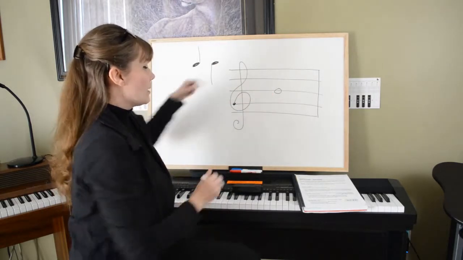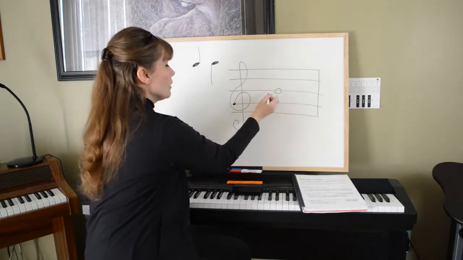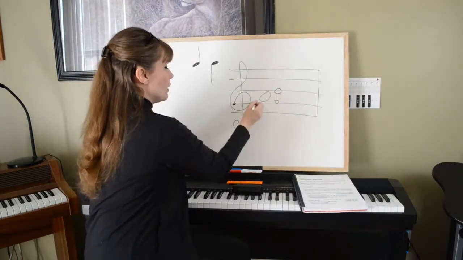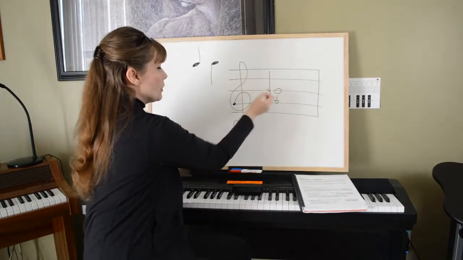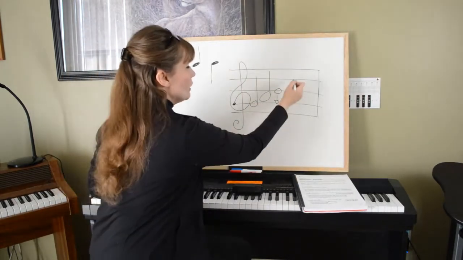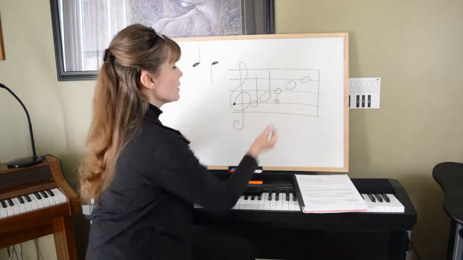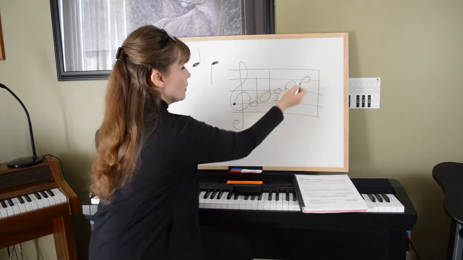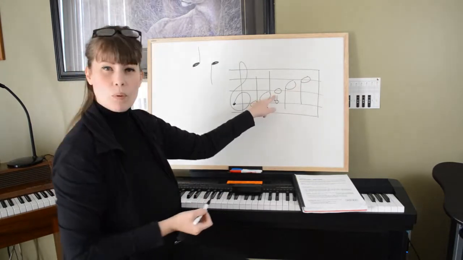Any note that is below that middle line, could be the A, the G, the stem is going to go up. And any note that is above that middle line, the stems are going to go down on the left-hand side.